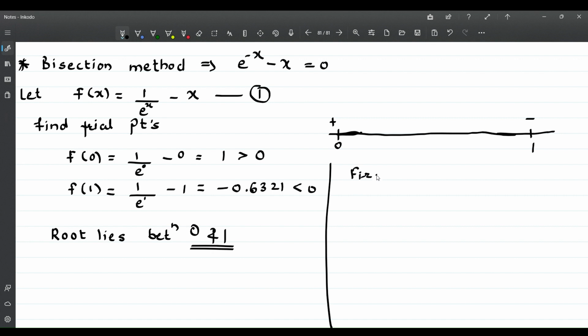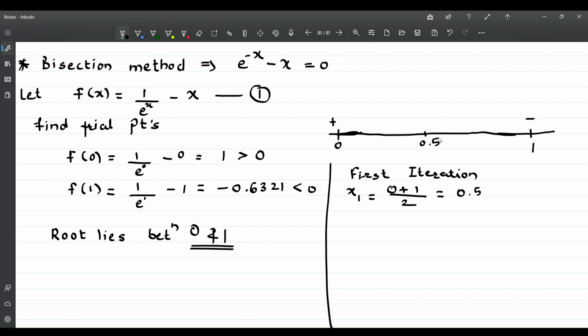First iteration means x1 is equal to the addition of these two trial points divided by 2. 0 plus 1 divided by 2. 0 plus 1 is 1, divided by 2 is 0.5. So our first iteration is 0.5.